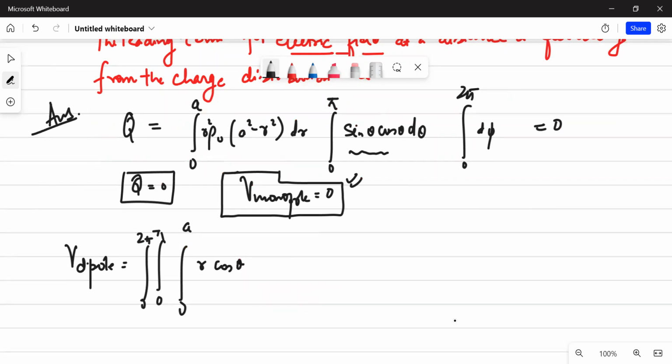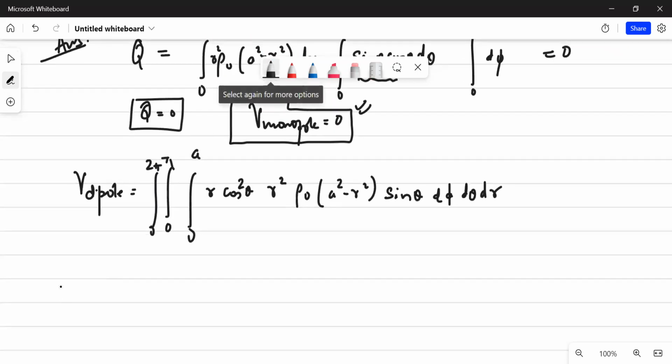It will be r cosine theta only, r to the power 1, p1 cos theta, and then you have this r square, rho naught, a square minus r square, and then again you have some cos theta term also, so this will be cos square theta, then there would be some sin theta as well, and d phi would be there, d theta would be there, and dr would be there. Is that clear? Okay, now let us try to write this.